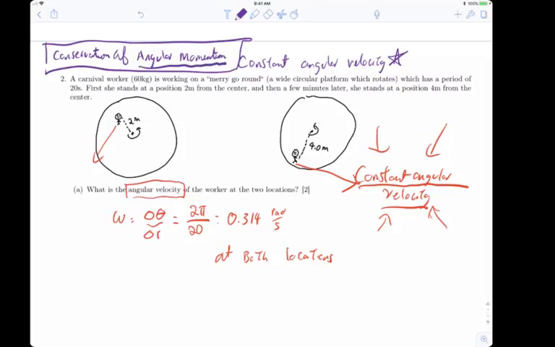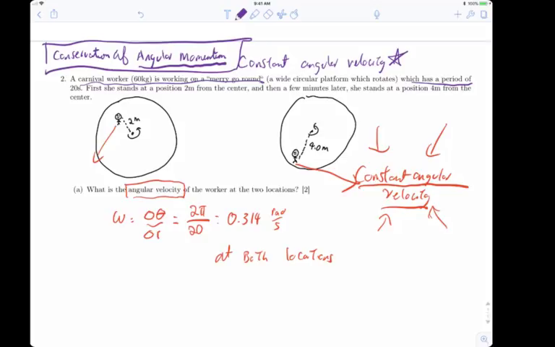The deal here is that we're talking about a carnival worker on a merry-go-round, and we specify the period, okay?